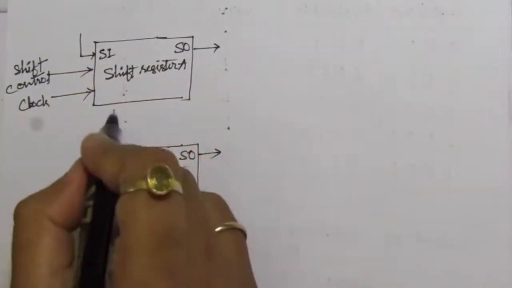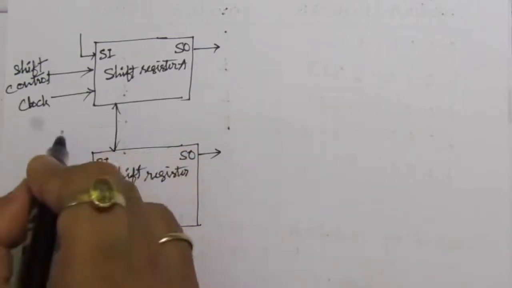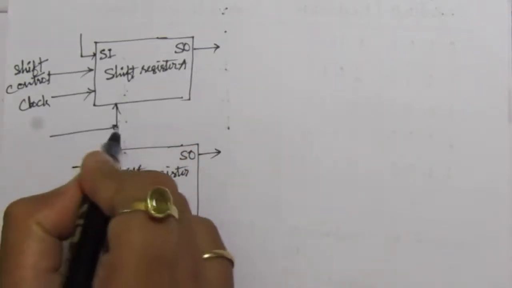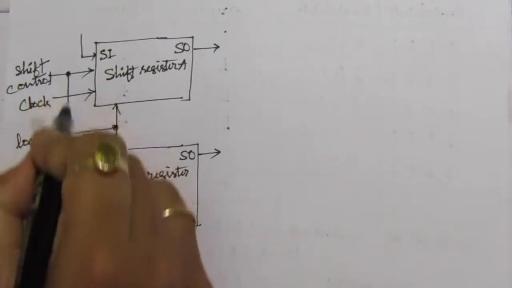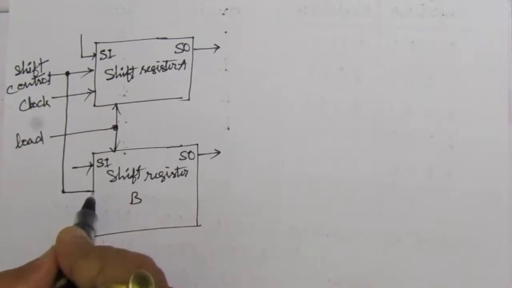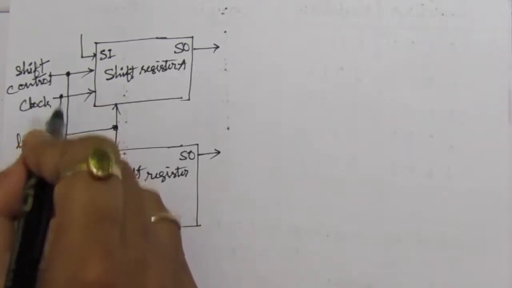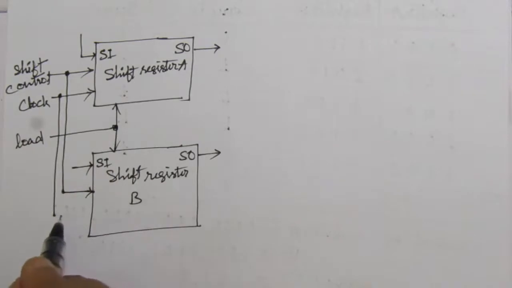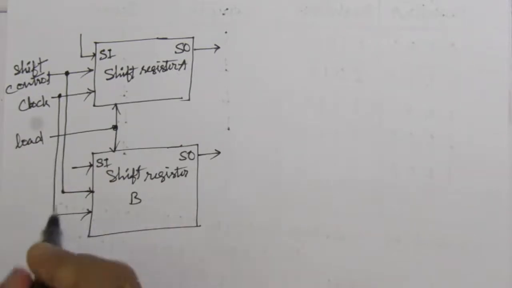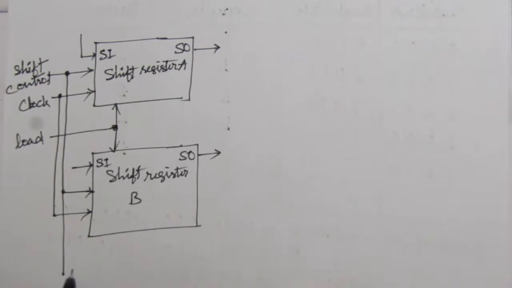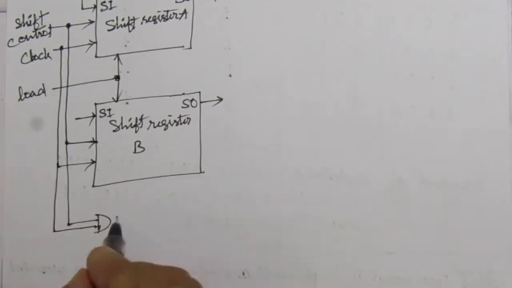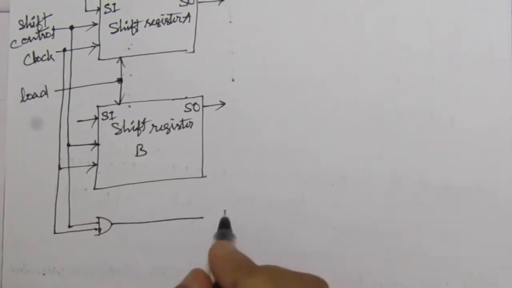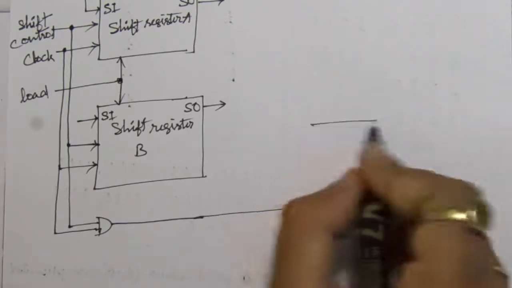So we will have the load here. Shift control we also have to apply here, and the clock also we have to apply here. Bring this down and use an AND gate, and the output of this AND gate will work as the clock to this D flip-flop.